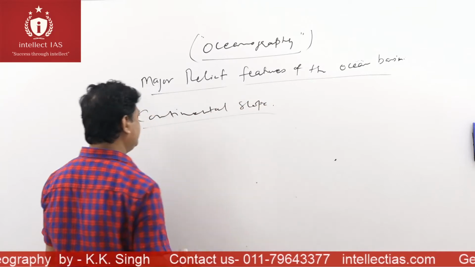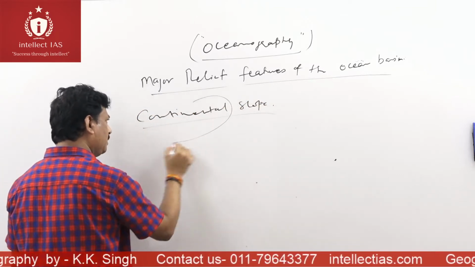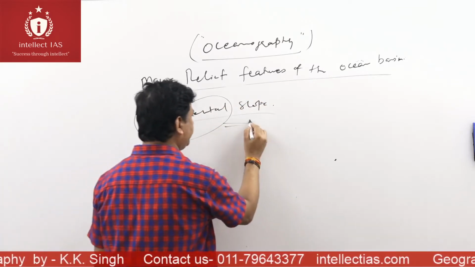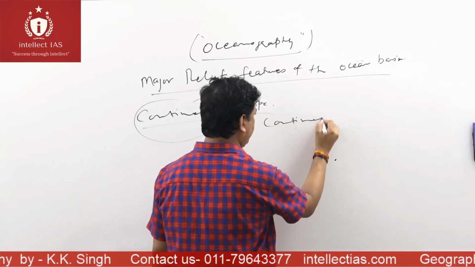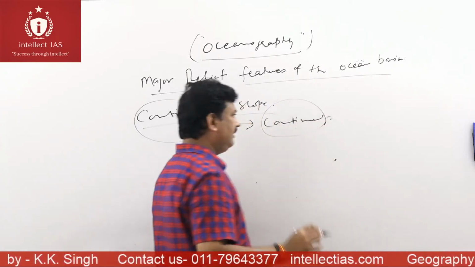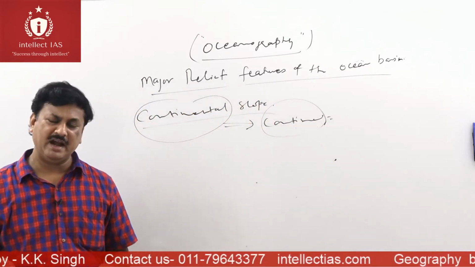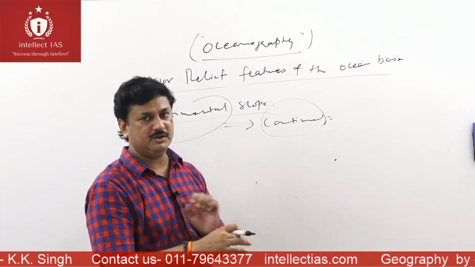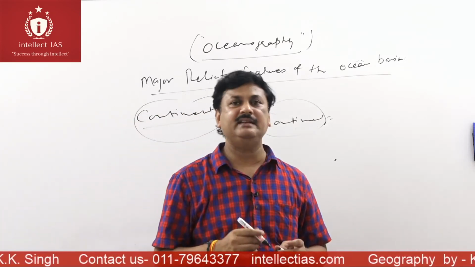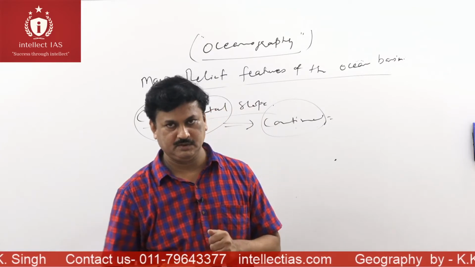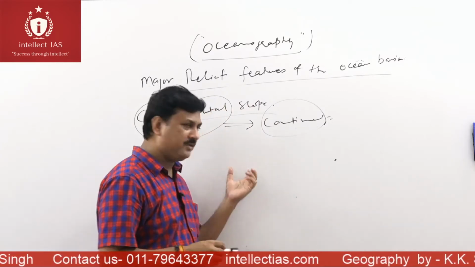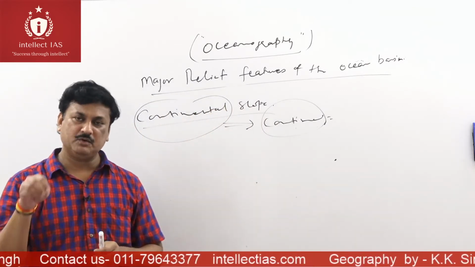As the name suggests, the continental slope is also part of the continent, and it is the last part of the continent because beyond that the abyssal plain starts. It is the part of the continent which is submerged in ocean water.